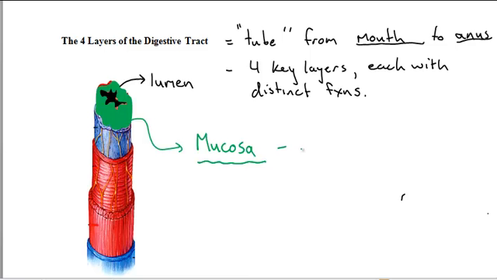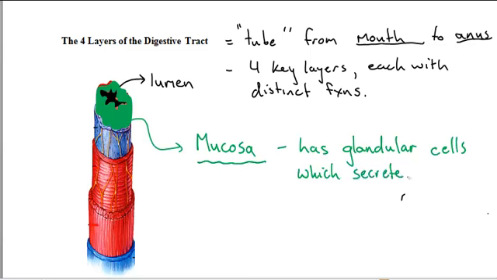So the mucosa has what's called glandular cells, which secrete enzymes and mucus necessary for digestion.